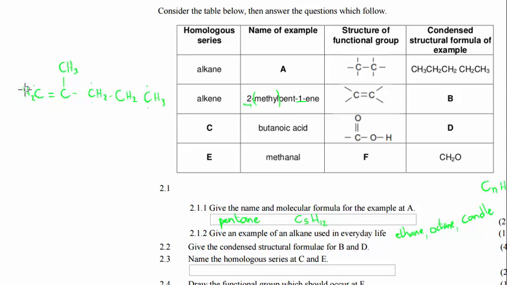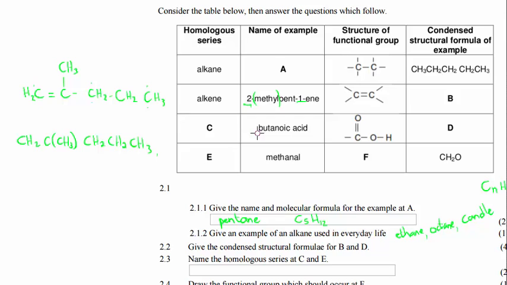The ones on the ends, I always have 3 unless it has a double or triple bond. So this one will be CH2, and then C is no H's, just my branch, CH3. There's only one branch. If there was another branch, I would have put a 2 there. Then CH2, CH2, CH3. Okay. It's good to draw. Yeah, I always draw it first. I can't do it in my head.